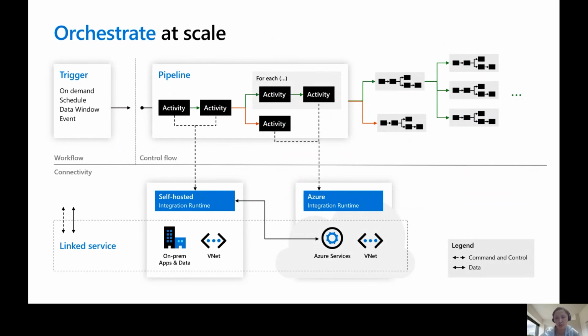Using the rich control flow, including branching and looping construct, you can compose the ingestion and transformation logic into a very durable end-to-end pipeline. Once you're happy with the pipeline design, you can also operationalize the pipeline execution using a variety of trigger types, whether it's executing on demand, on a schedule, tumbling window trigger, or even event-based.